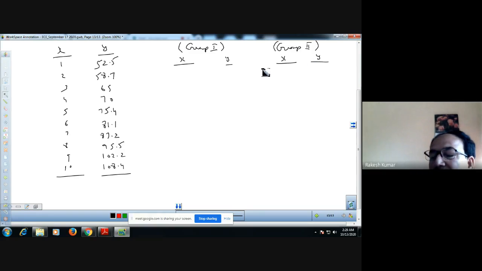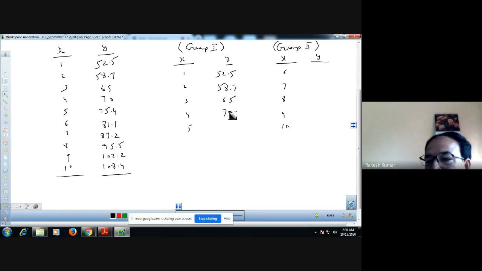So we shall divide the total data into two groups, 1 to 5 in the first group, and 6, 7, 8, 9, 10 in the second group. We shall also divide the values of y respectively, and this will be 70, 75.4.